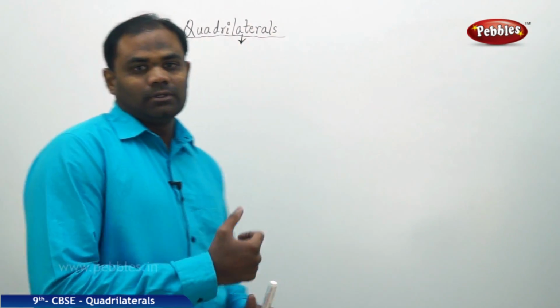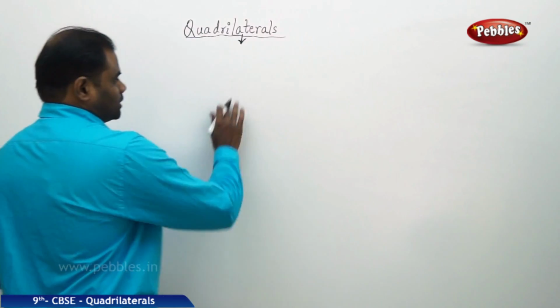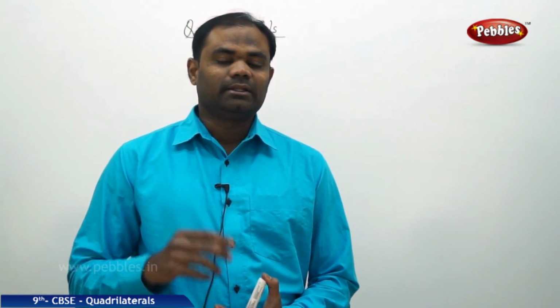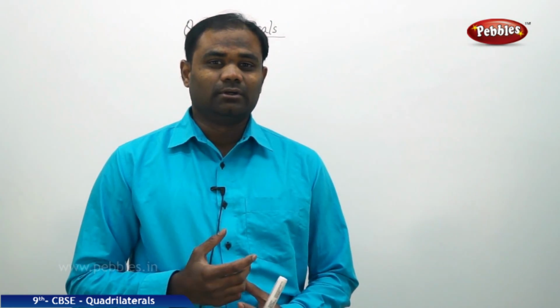Now let's see the converse of the property we have discussed. I have taken a parallelogram in which opposite sides are parallel, and that quadrilateral has its opposite sides equal. Now let's take a quadrilateral in which the pairs of opposite sides are equal.